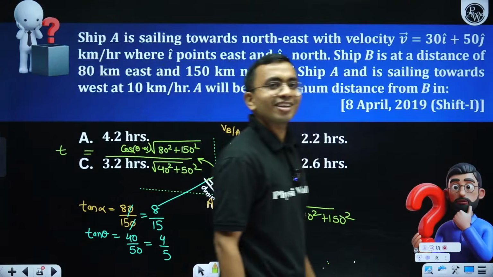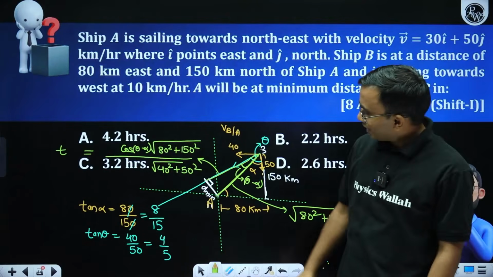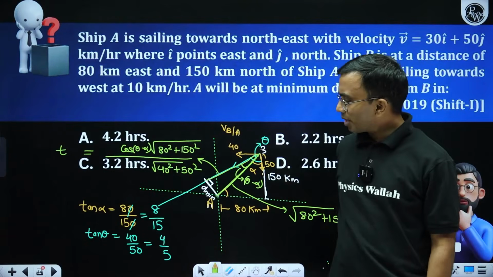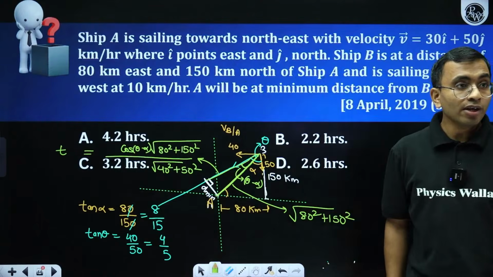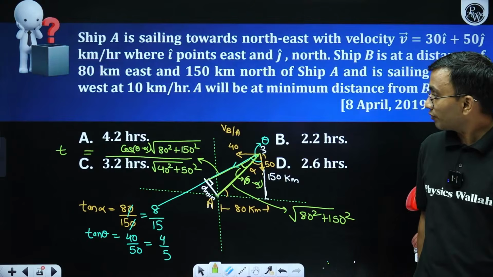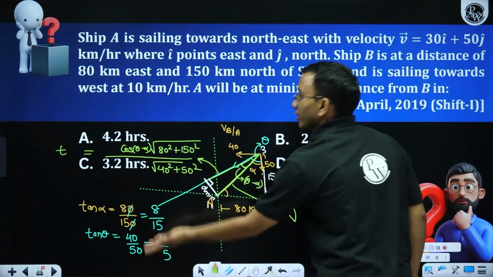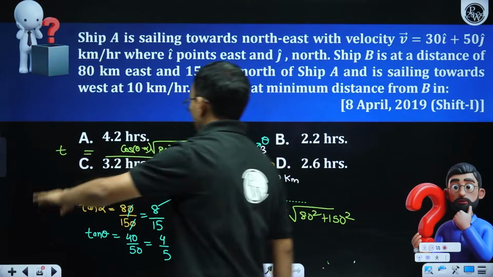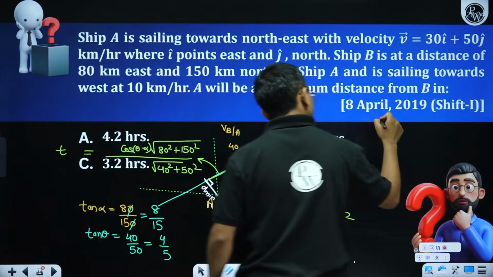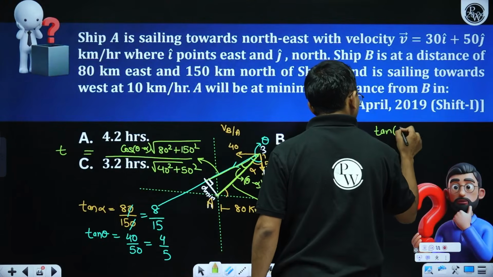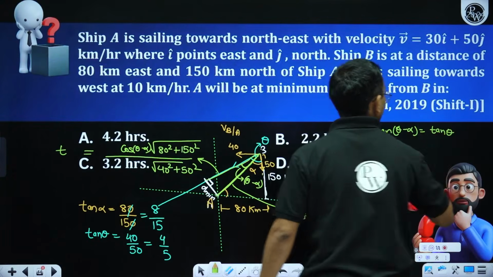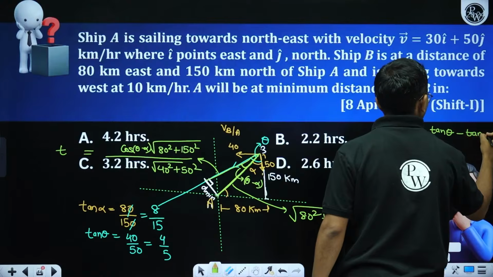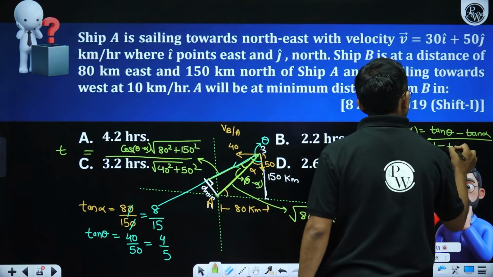I need this basically. Now the thing is, how to find cos of theta minus alpha? You know tan alpha, you know tan theta, so you can find tan of theta minus alpha. From there you can find cos of theta minus alpha. So tan of theta minus alpha will be equal to tan theta minus tan alpha upon 1 plus tan theta tan alpha.